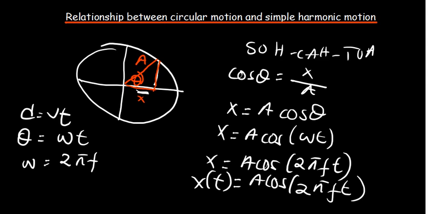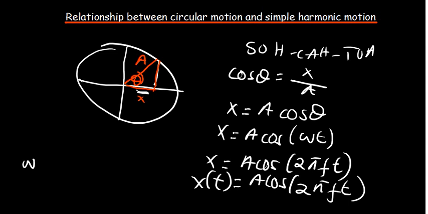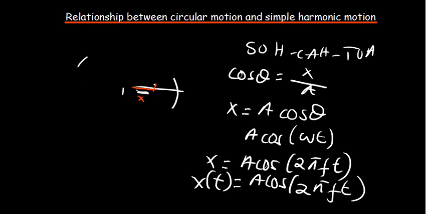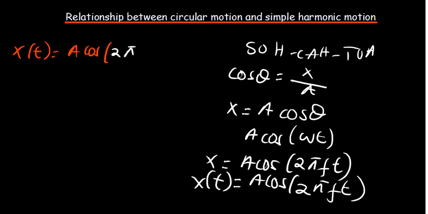Okay, so now we need to know how to calculate the next quantity. I can erase this because I'm done with it. We have found one equation, which is x is equal to a cos(2 pi f t).